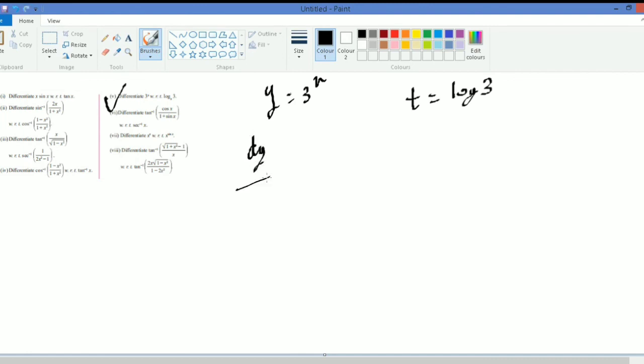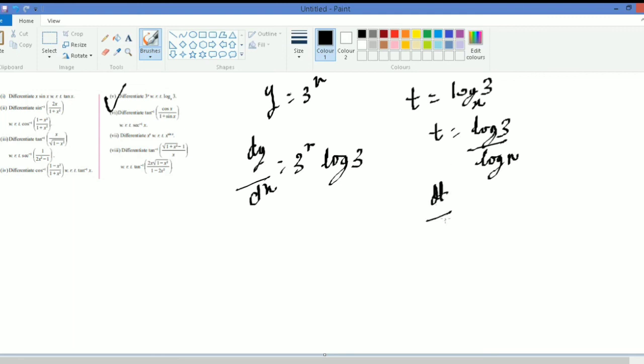Dy by dt will be equal to 3 raised to x into log 3. Dt upon dx can be written as follows: first write t is equal to, since this is log to the base x, log of a upon log of b, so log of 3 upon log of x.